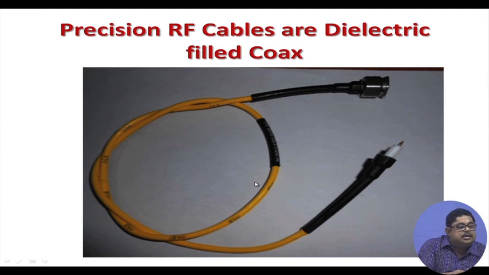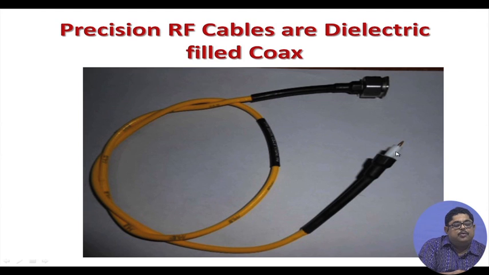So this is an example of a precision RF cable. You see that RF cables are very precise and quite costly also, because their loss is quite small. This is the central conductor protruding from here, and this white thing is the dielectric filling. We have taken out this sleeve.